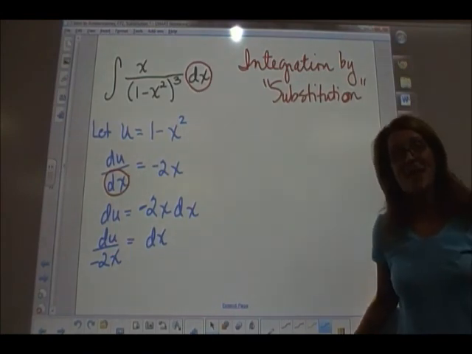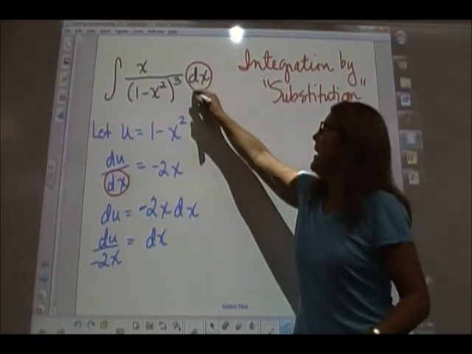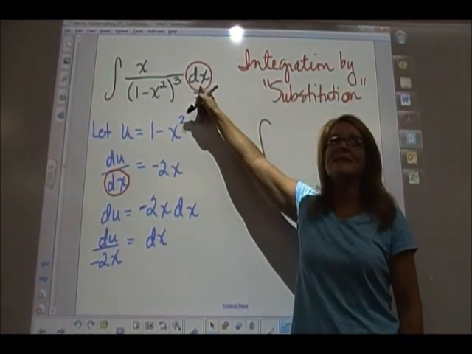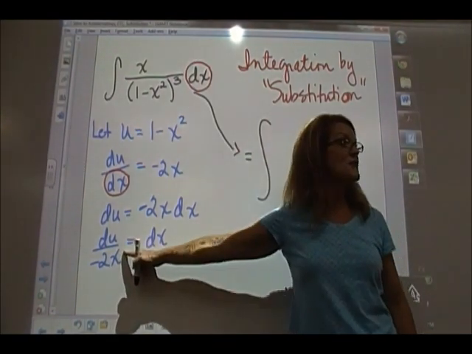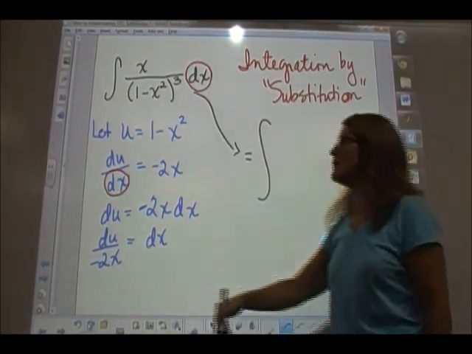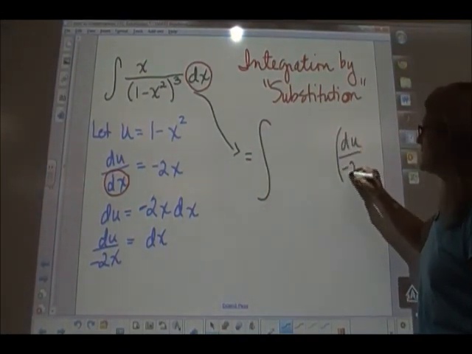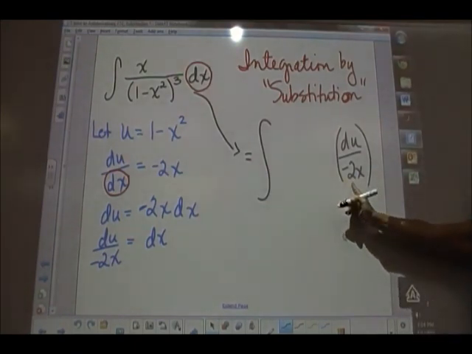So, by substitution, this is why it's called substitution. I'm going to take this integral, and where I see the dx, I'm going to substitute du over negative 2x in its place.